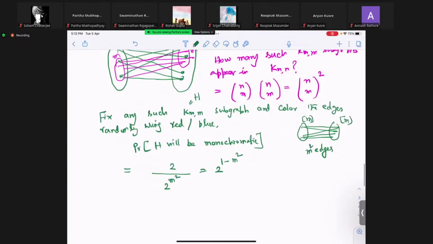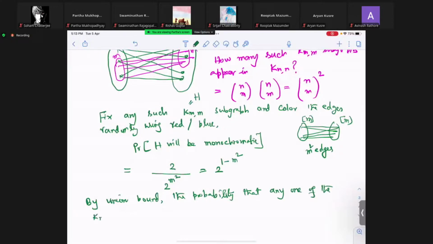So by union bound, the probability that any one of the K_{m,m} subgraphs will be monochromatic.